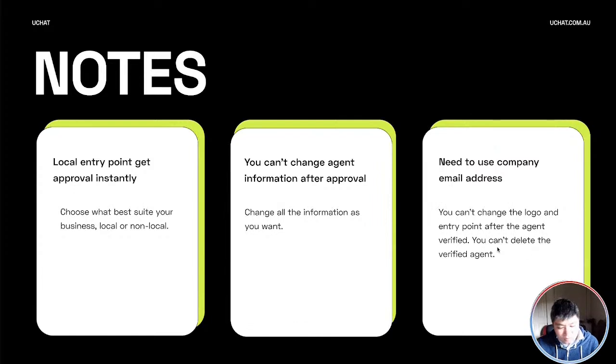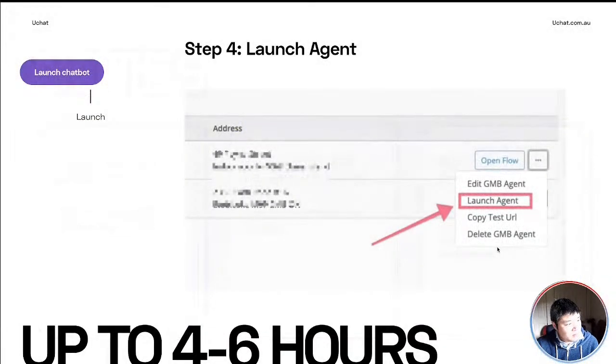So what's next? After you got the agent verified, when you go back to UChat and click this button, it will have the option for you to launch the agent. After you launch, it will show up in your business after 4 or 6 hours. That will be a chat button and it will show up.